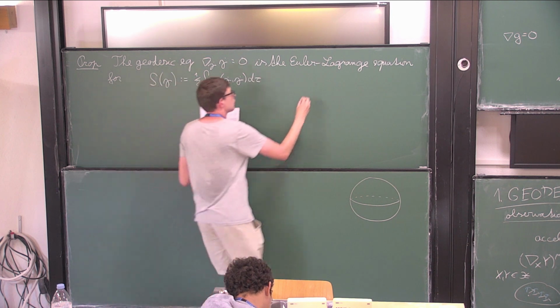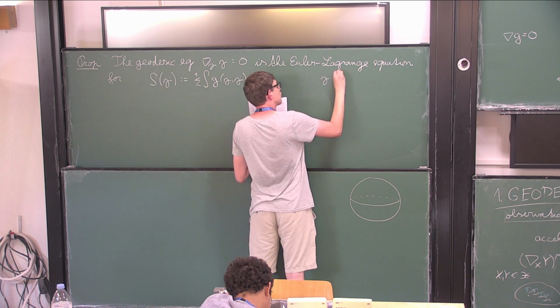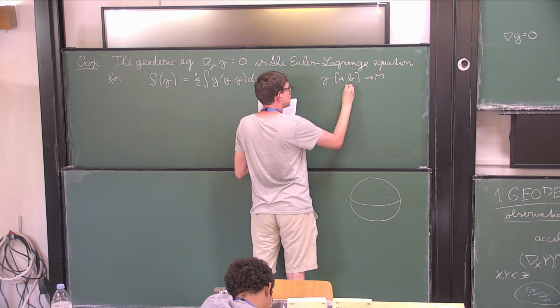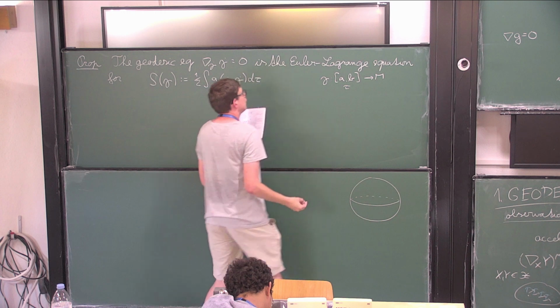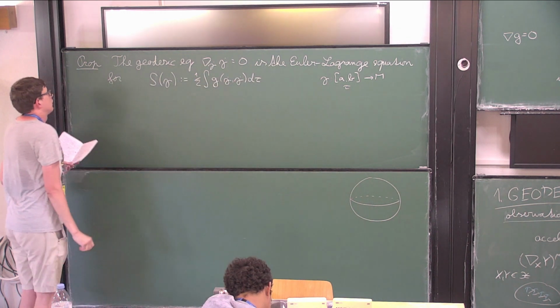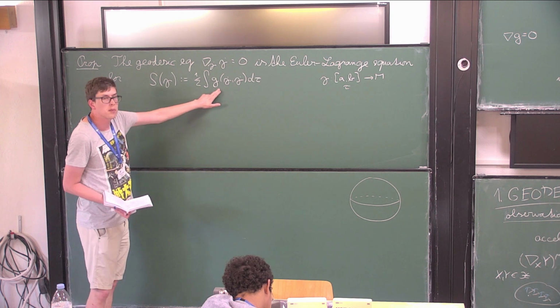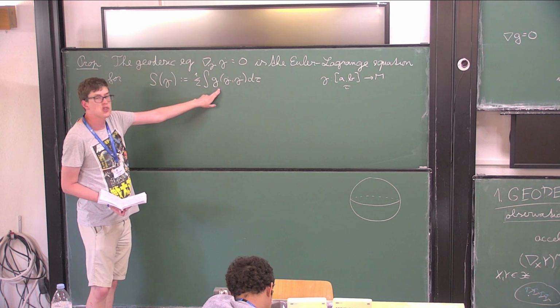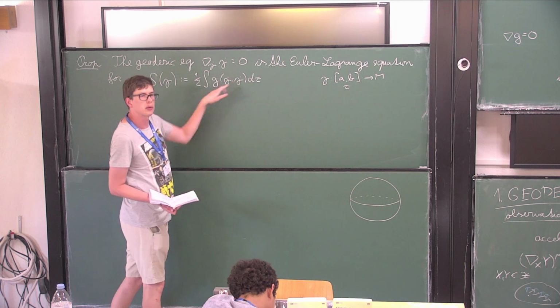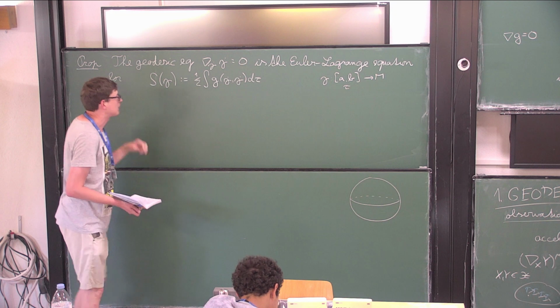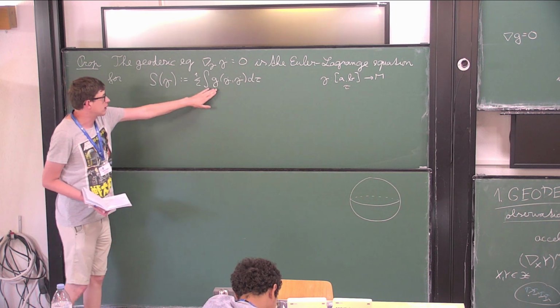Remember gamma was a map from (a, b) to M, and I will call tau the coordinate in here. This looks very much like the thing we saw before when you measure curves, except when you measure curves, there was a square root, and there was also the extra square that I forgot, as you pointed out. So this is different.